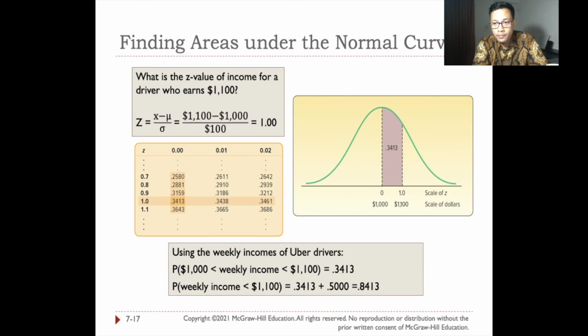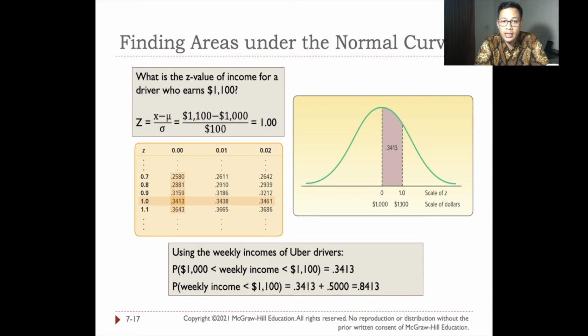So the probability that the weekly income of Uber drivers is between 1,000 and 1,100 is going to be 0.3413.